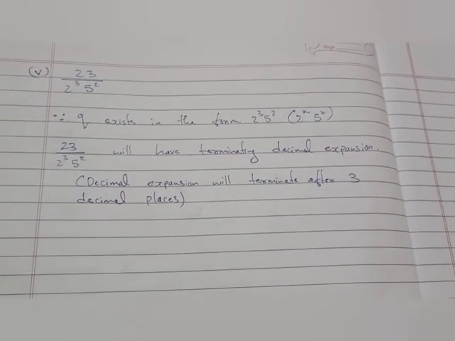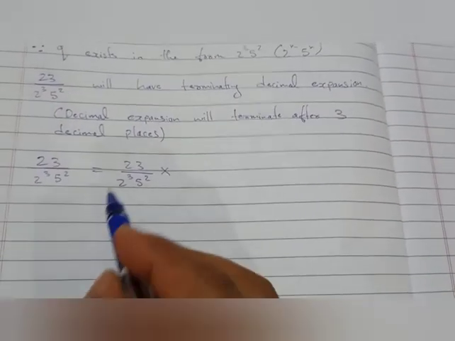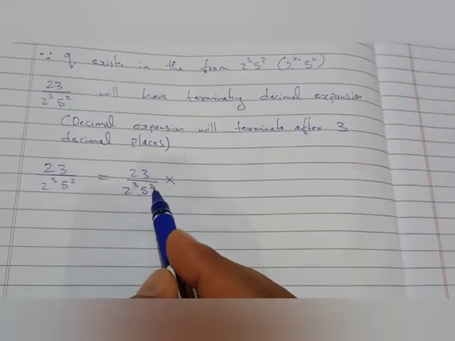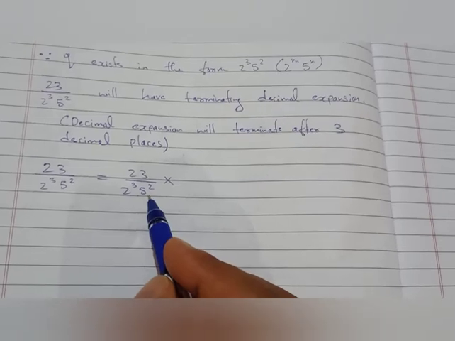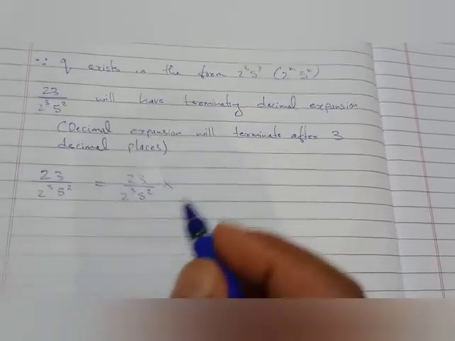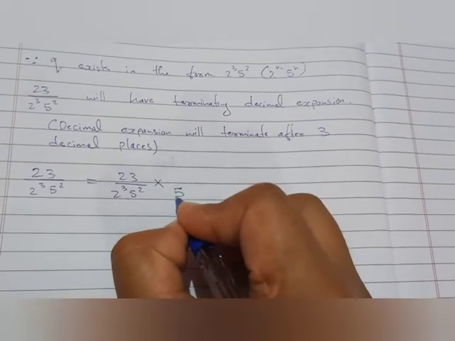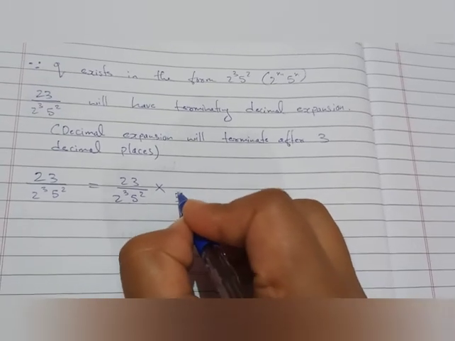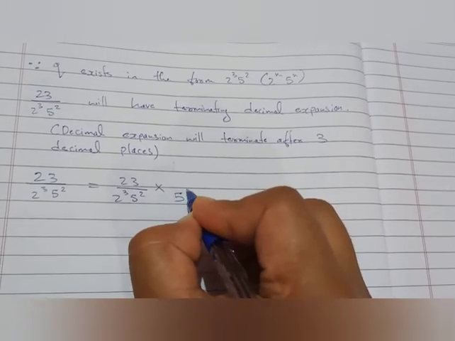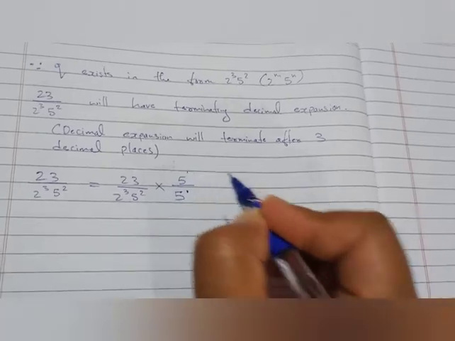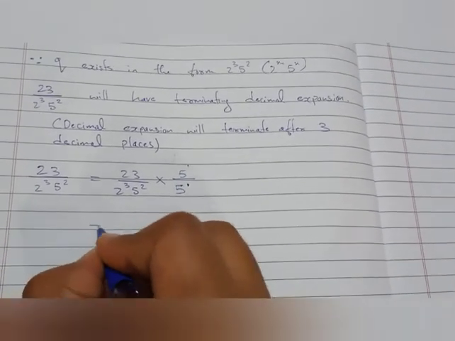Let's check the decimal expansion as well. Here we have 3 2s and 2 5s. Number of 5s is 1 less than number of 2s. So in order to have equal number of 2s and 5s in the denominator, we'll multiply 5 to the power 1 in both numerator and denominator.